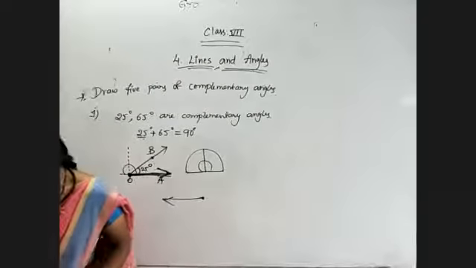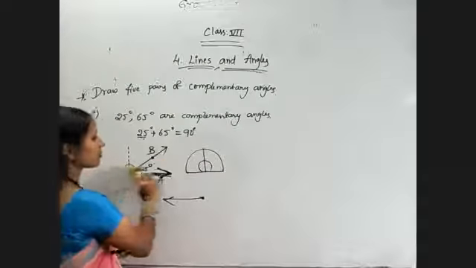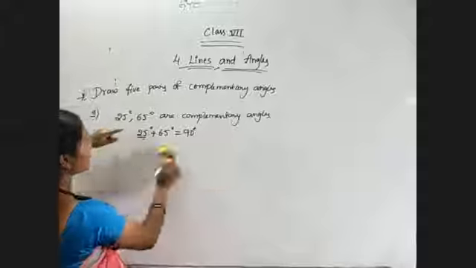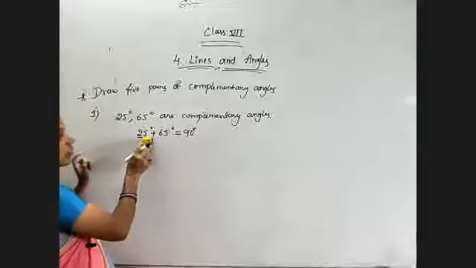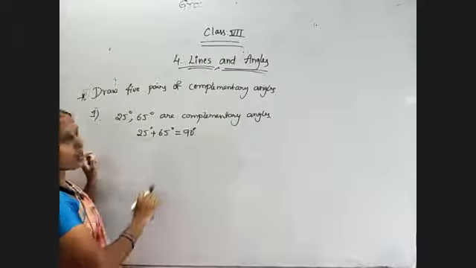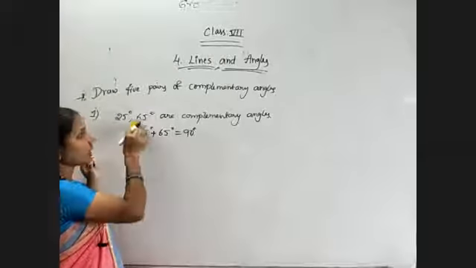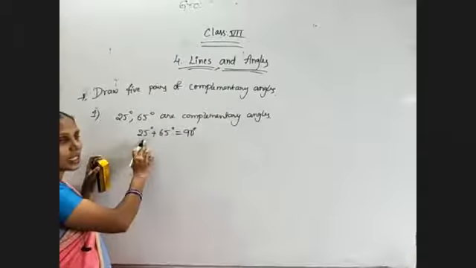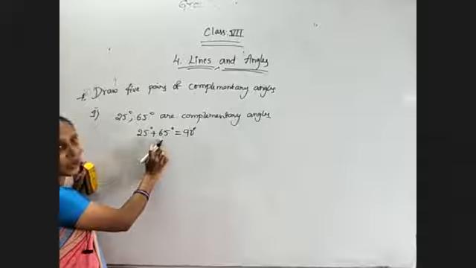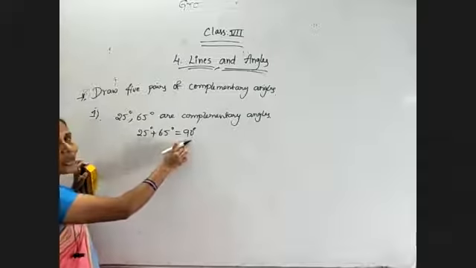I hope you understood. Once again, I am telling you, listen. To construct the angles, which instrument are we using? Protractor only, yes or no? So by using the protractor, we must draw the angles, whatever pair we are taking. Now 25 degrees is an acute angle, 65 is also an acute angle. Their sum is equal to a right angle.